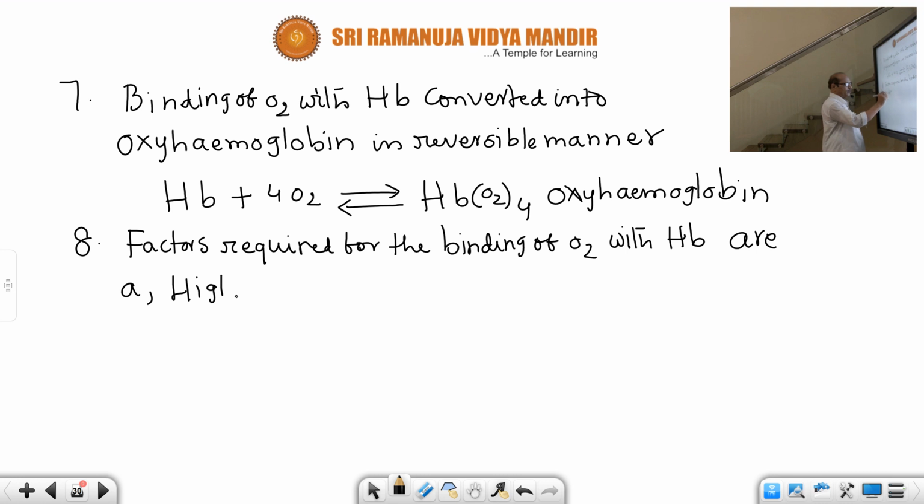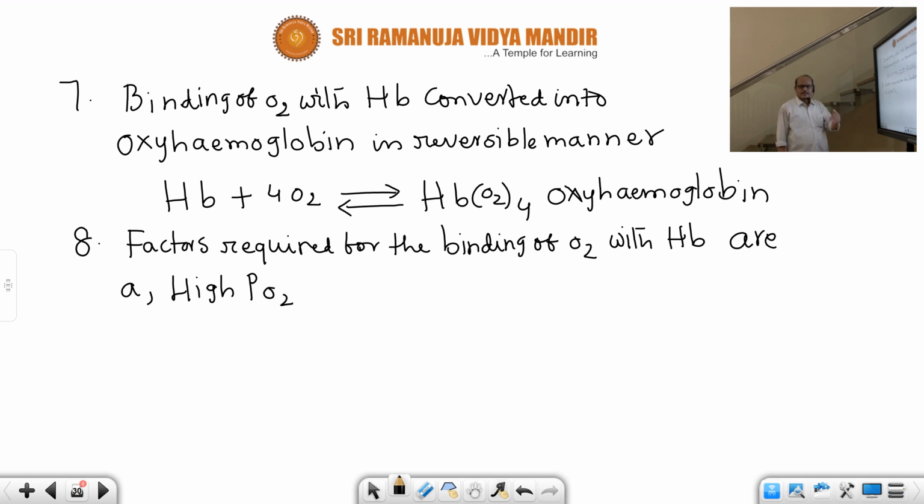So the factors required for the binding of O2 with hemoglobin are: A. High PO2, high partial pressure of oxygen. Whenever the partial pressure of oxygen is more, then only it binds with hemoglobin, otherwise it won't bind. In the tissues, reverse. Partial pressure is very less.